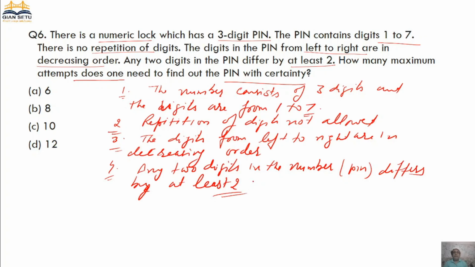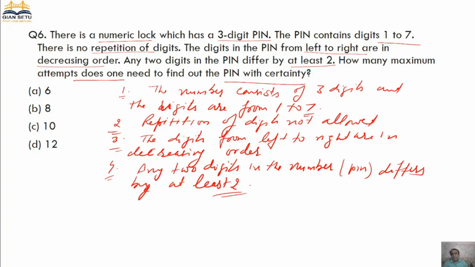That means the difference between any two digits can be 2 or more than 2. Now, based on these criteria, we need to find how many such numbers exist, right?